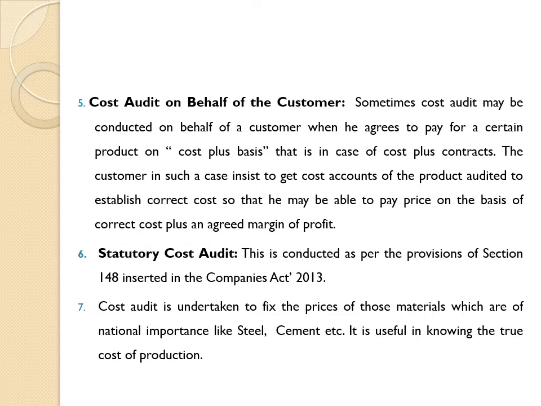Cost audit is also undertaken to fix the prices of those materials which are of national importance, like steel, cement, etc. It is useful for knowing the true cost of production.